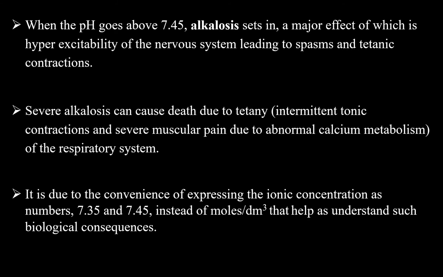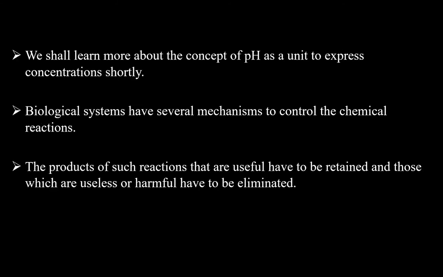It is due to the convenience of expressing the ionic concentration in terms of numbers like 7.35 to 7.45 instead of moles per dm cube that we can understand such biological consequences.